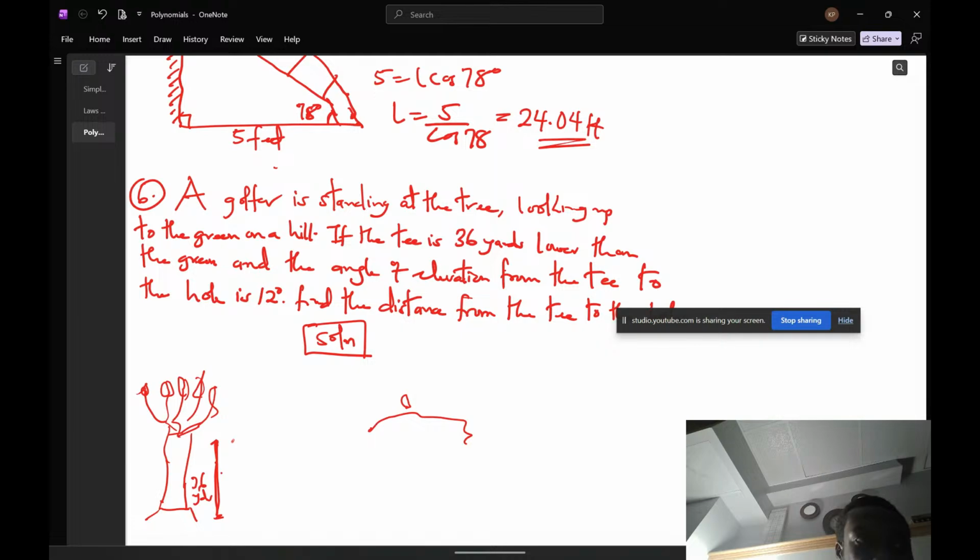In this case, the angle of elevation is looking up. So if this is the line of sight, this is the angle of elevation theta.